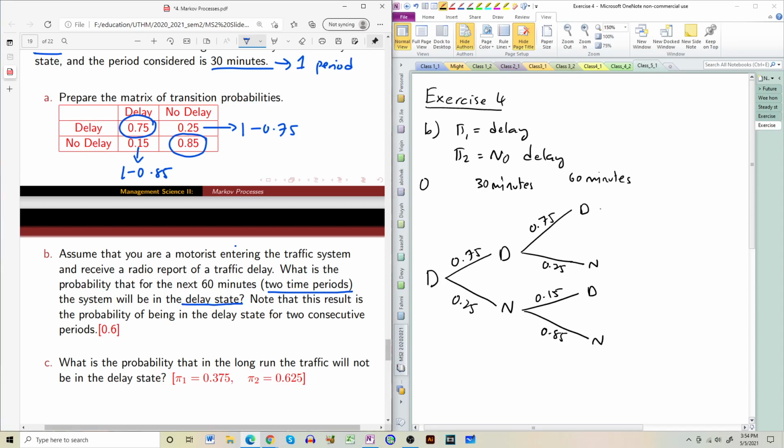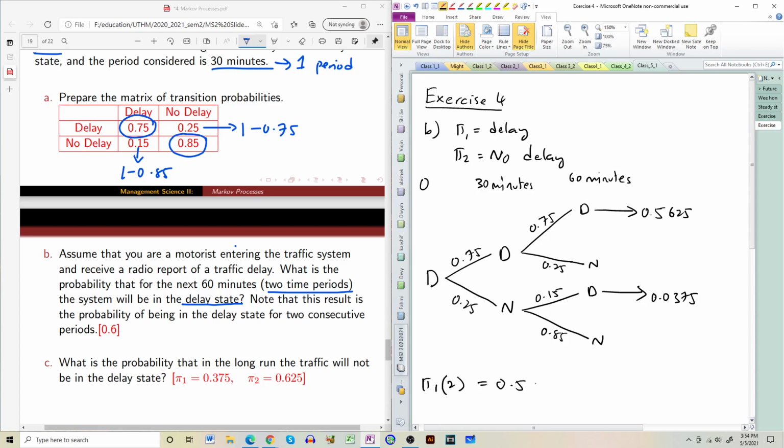So we only want this one, multiply this, you get 0.5625. So the first stage is delay on the second period, which is 60 minutes. This is the answer, 0.6.